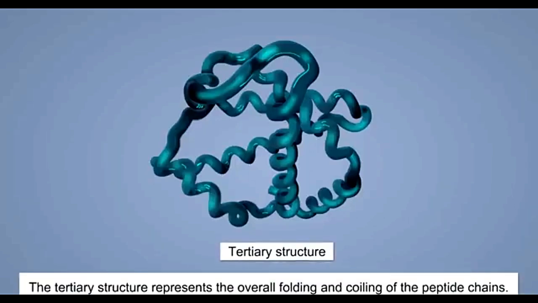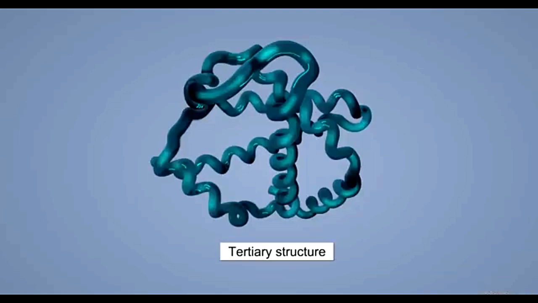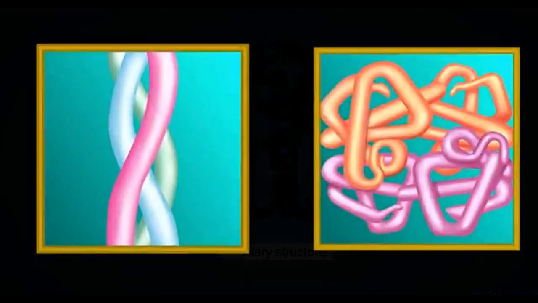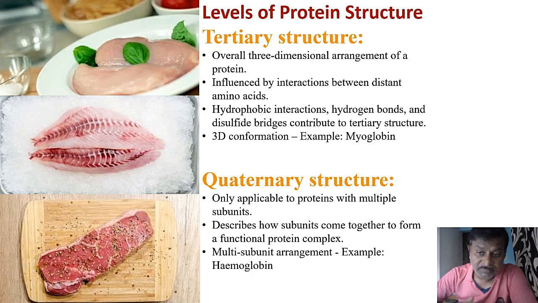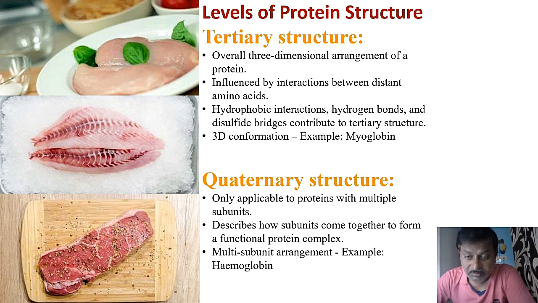Therefore, the tertiary structure represents the overall folding and coiling of the peptide chains. It is the tertiary structure of a protein that gives a geometric shape to the protein that can be of fibrous or globular shape.